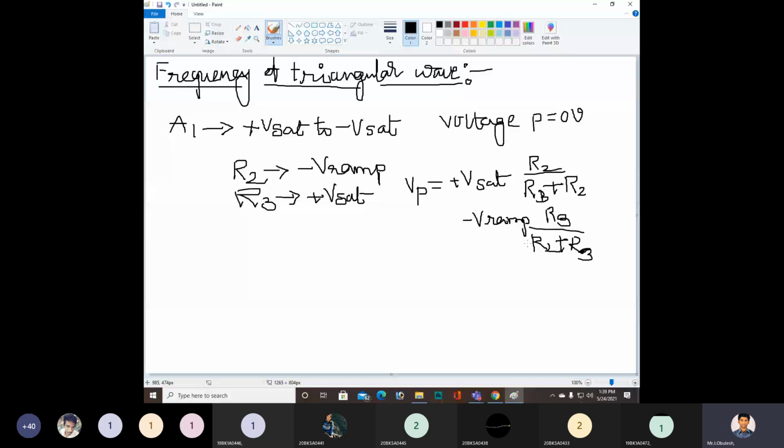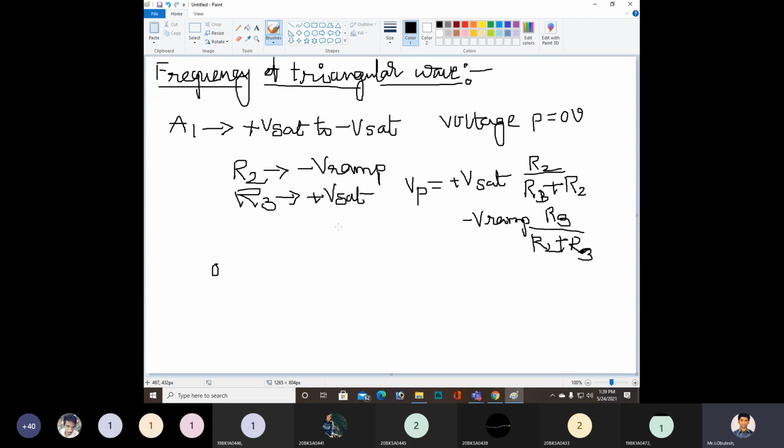I think you know it. At point P, the voltage is equal to 0 volts. Substitute that 0 in this equation.